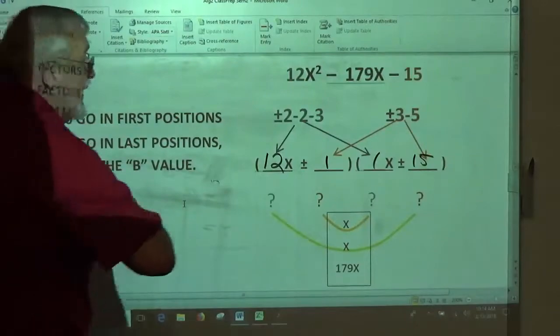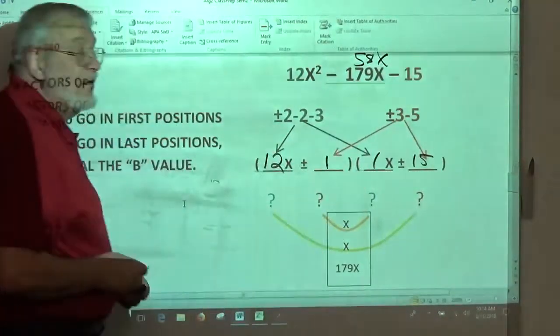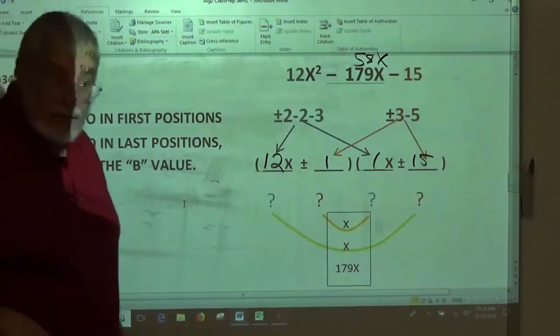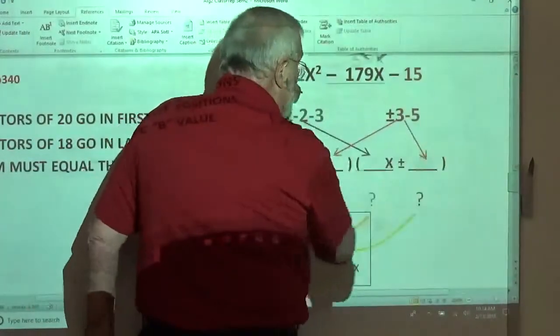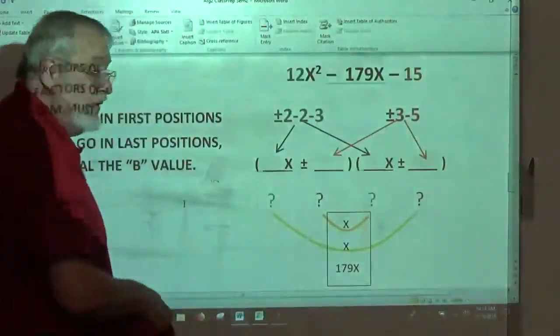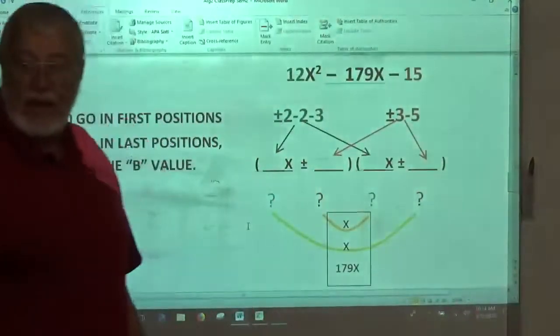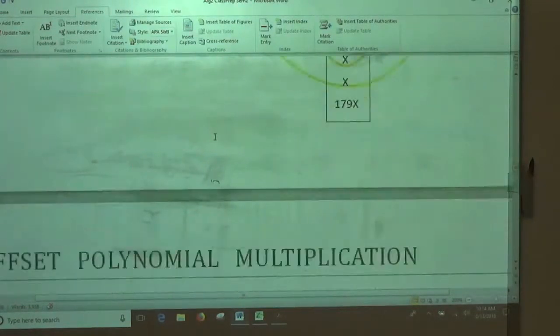I could have had a 58x in the middle, and then the 5 and 3 would have split. I hope you're beginning to see that there's a way to attack these problems which will actually make them doable without you having to look them up on the internet and say, factor it for me.